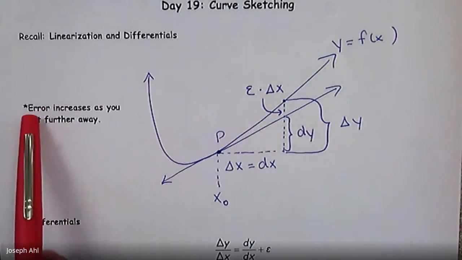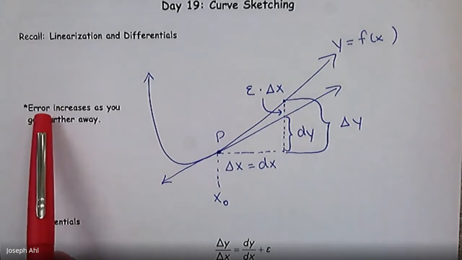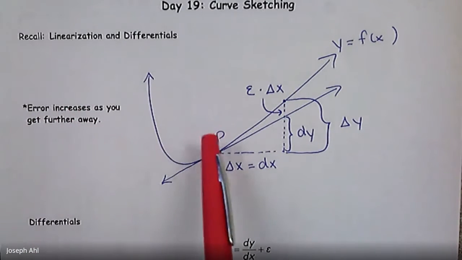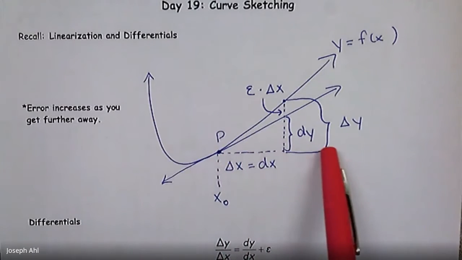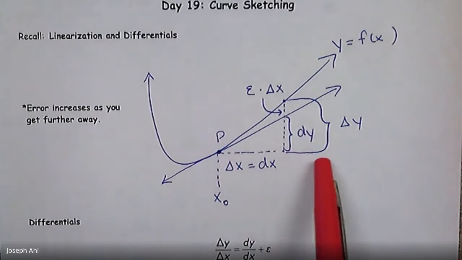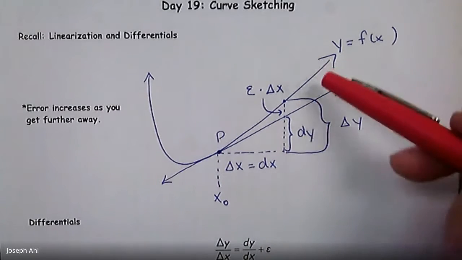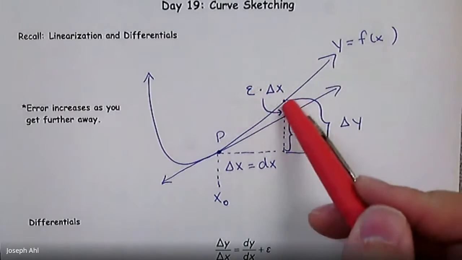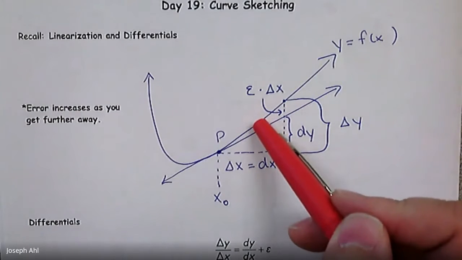And as a quick note, we talked about this a little bit yesterday, that the error there would increase the further you get away. So if I change my delta x to be even more, that tangent line at point P is really going to have more error in this region here than if I have my delta x be pretty small. We're going to get less error there.